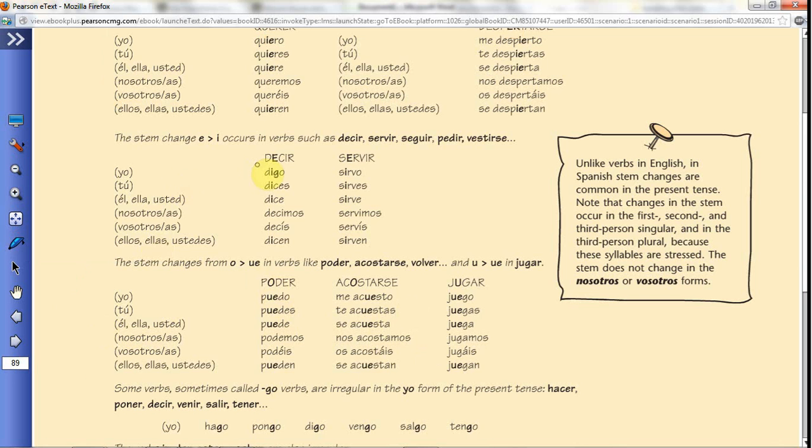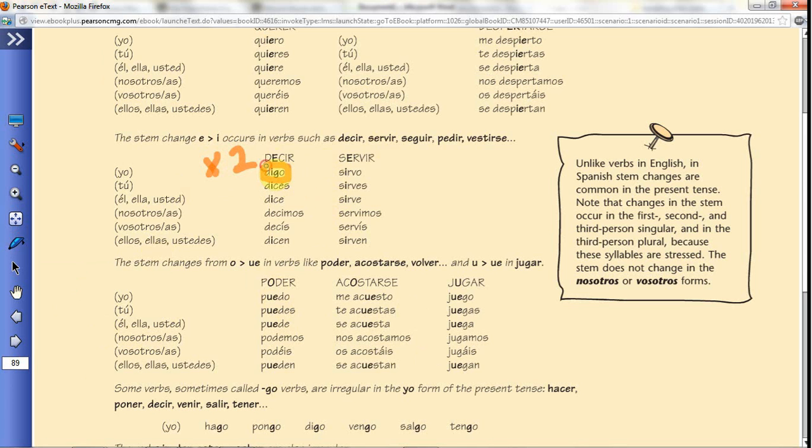Then finally we have these stem changes, E to I. And they're very similar, these verbs, except that digo, or decir, is irregular times 2. Why is it times 2? Because it's also irregular here in the yo form.